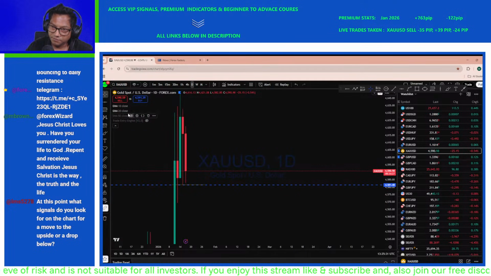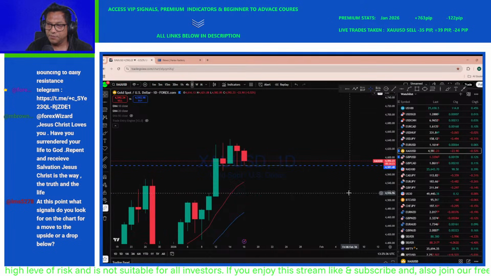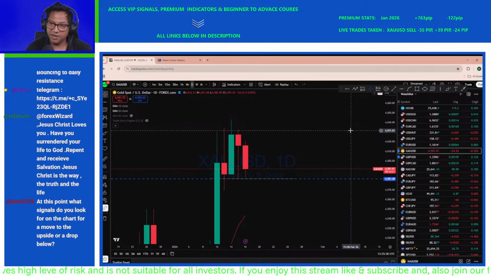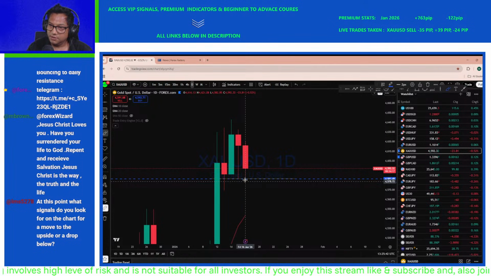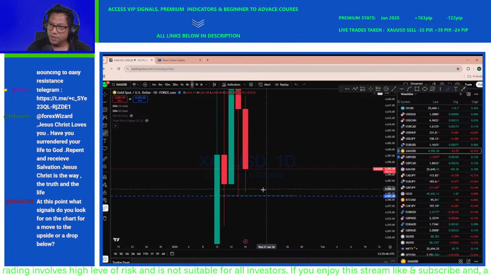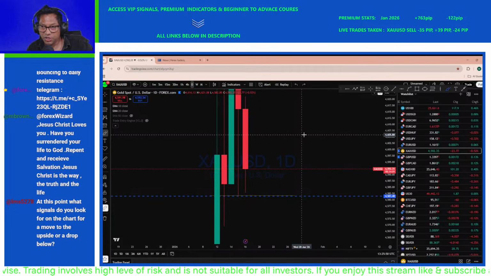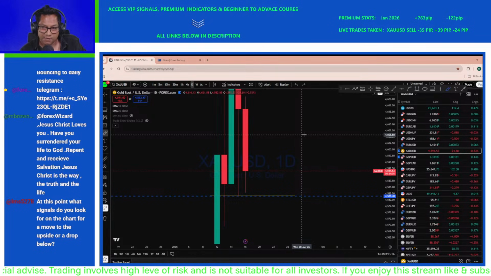So now I'm really looking at the daily market structure, because the previous daily low is here. The market is approaching that daily low, and breaking the daily low can trigger a significant amount of liquidity in that market.